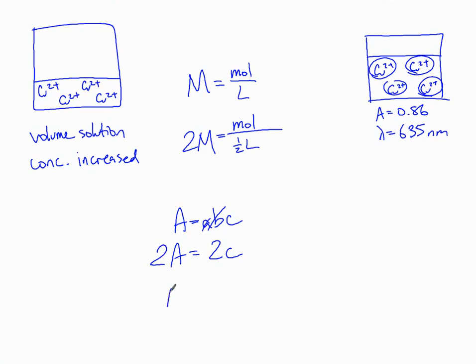Should be this. And so our new absorbance should be 1.72. Now, if you read the lab closely, this is probably beyond the acceptable limits for absorbance, but strictly from a numbers perspective, this is what you could expect based on the calculations.